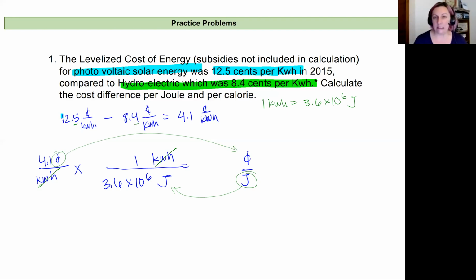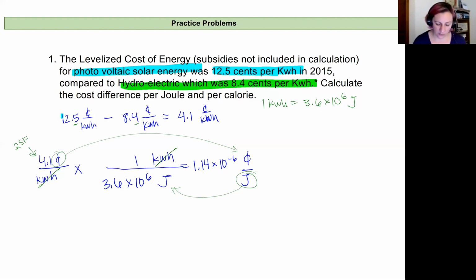So plugging this into my calculator and dividing 4.1 by 3.6 times 10 to the 6, I'm going to get a value that is 1.14 times 10 to the negative 6 cents per joule. And now I'm going to have 3 significant figures in my answer that came out of my calculator, but I only have 2 sig figs right here in my starting point.